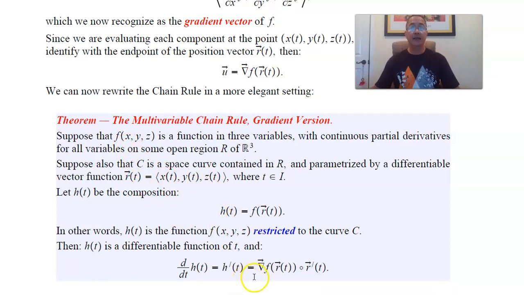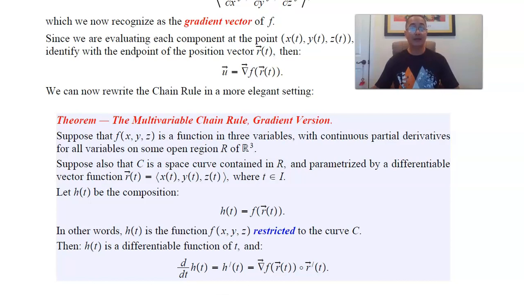Then you take the derivative of R of t, and then you take the dot product. So that is h prime of t. And if you were wondering last time, what is this going to be useful for? That's what we're going to do today.